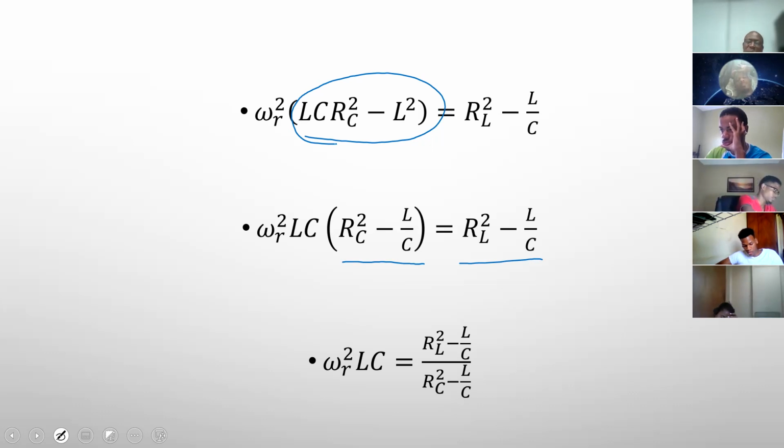So for this circuit, we have RL at the top and RC in the denominator. So you have RL squared minus LC. And this is just a way to help you remember it if you need to remember it.